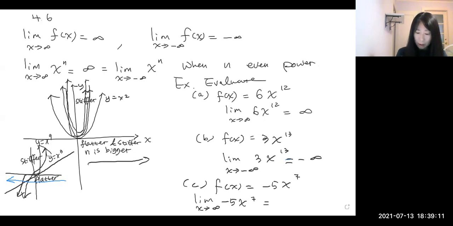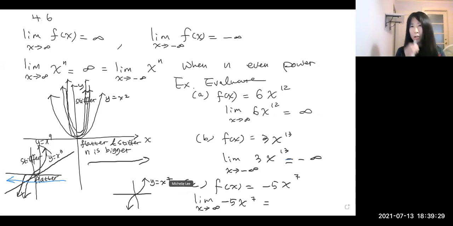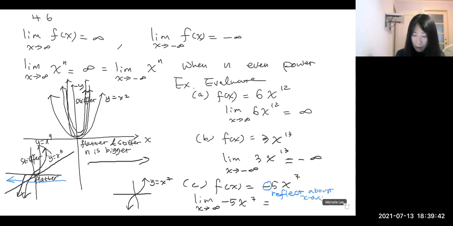Okay, wait. Normally we have, look, this is x to the 7th power, right? And 5 means a stretch. Now, we have a negative sign, which means reflect, so it's a reflection over the x-axis, right?